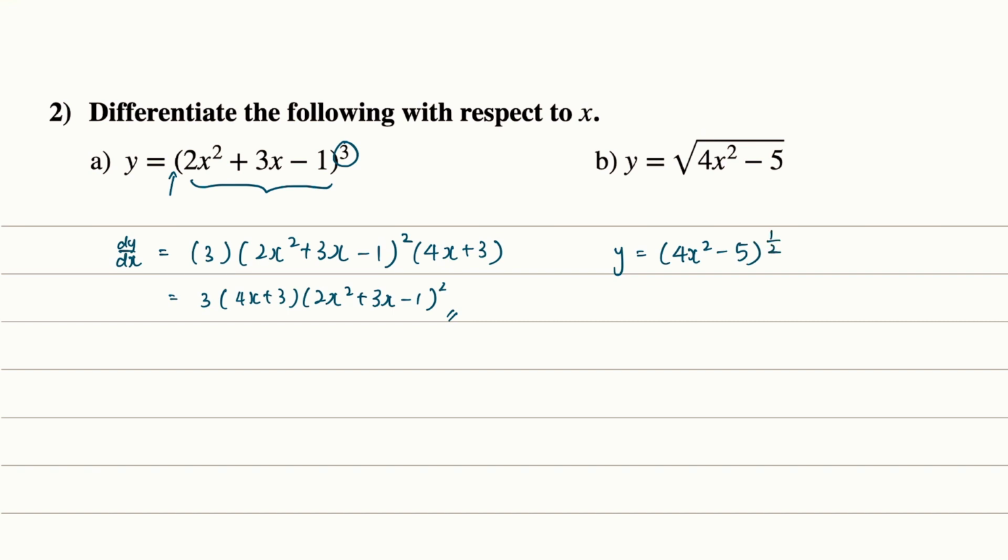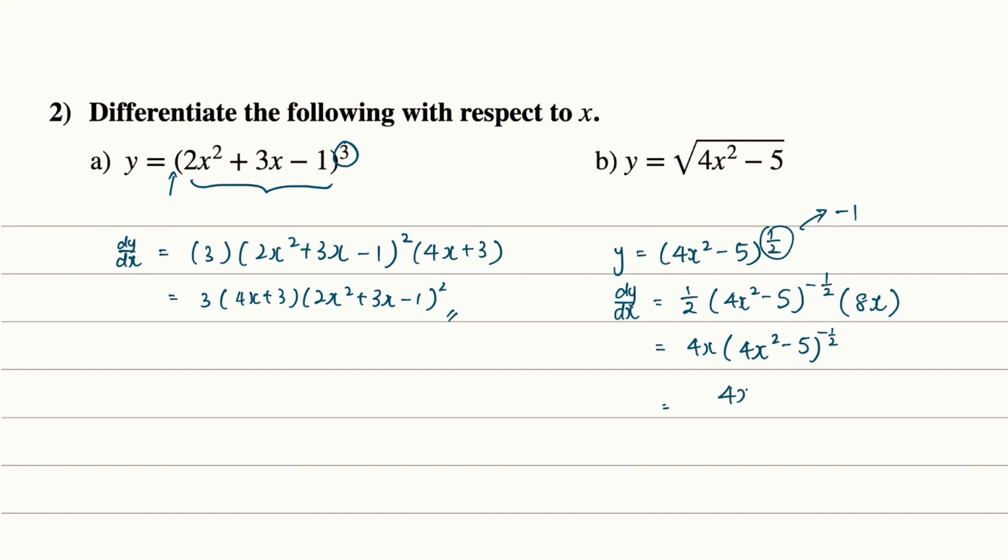We can use the chain rule to differentiate this expression by writing dy over dx is equal to, multiply the power to the front of the bracket, which is half, (4x squared minus 5) to the power of minus half, because we have taken half minus 1, which gives us a power of minus half, and differentiate the terms within the bracket, which is 8x. By simplifying further, we will have 4x multiplied by (4x squared minus 5) to the power of minus half. By rewriting the answer, we will have 4x over the square root of 4x squared minus 5.